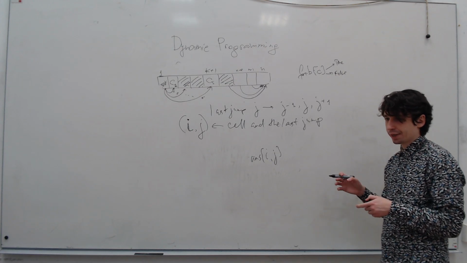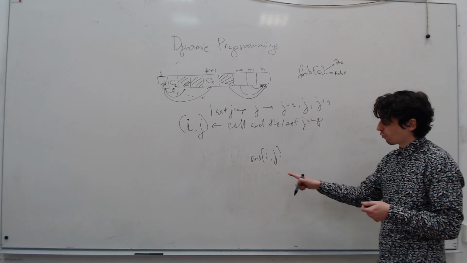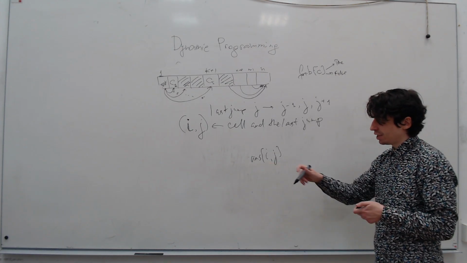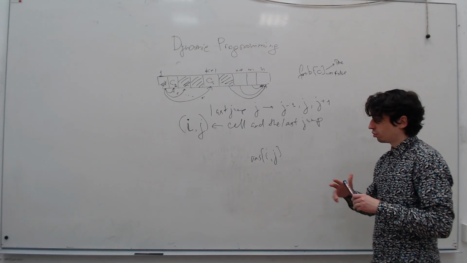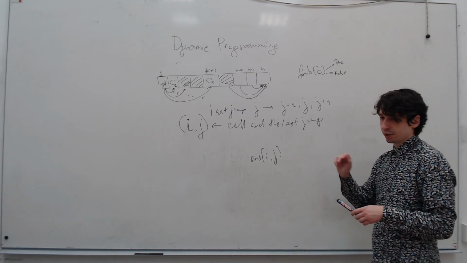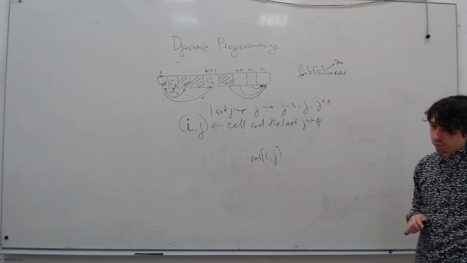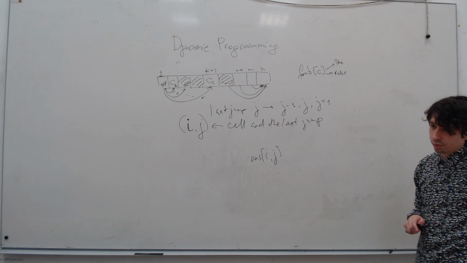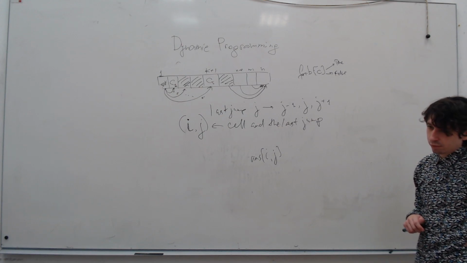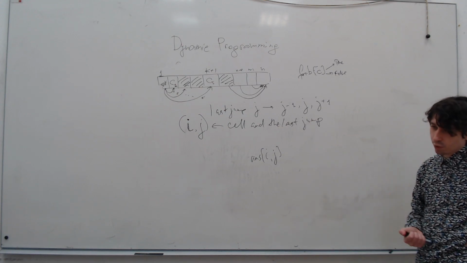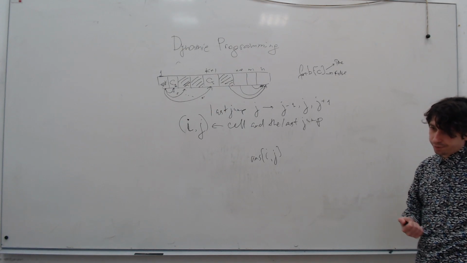What are the steps? From which states can we go to ij, where your new cell is i and your last jump was j? From which states could we get to ij?